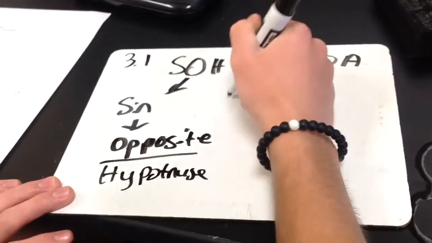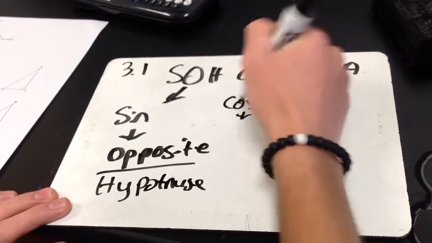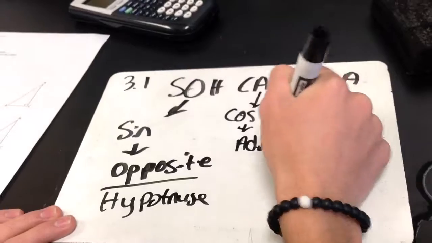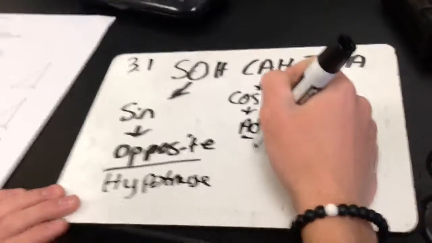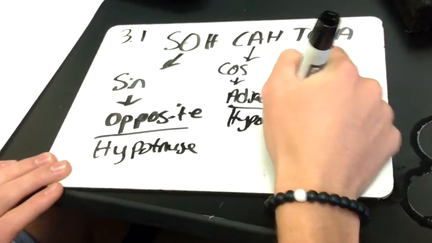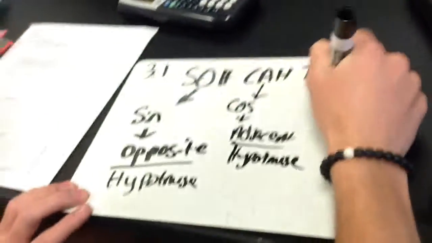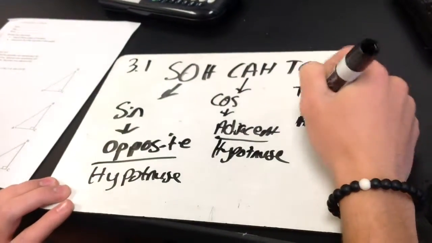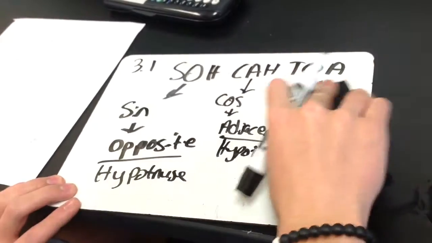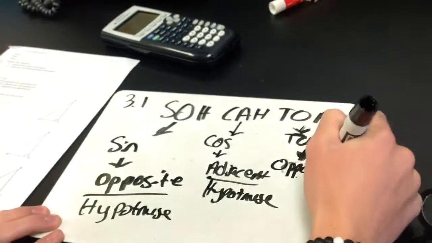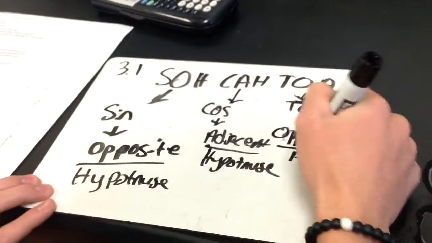CA is cos with adjacent over hypotenuse. Lastly, TOA is tan, which is opposite over adjacent.